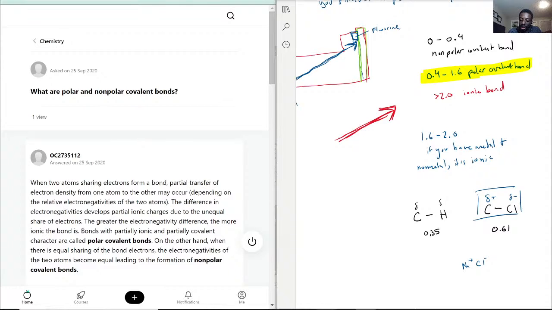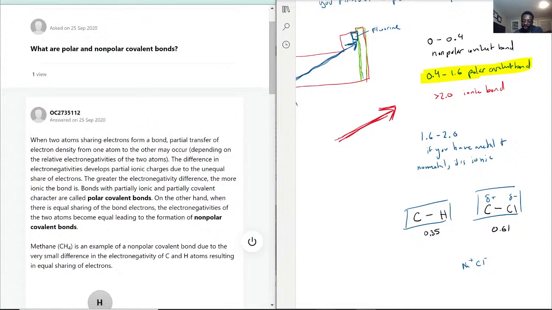And for this one right here, there's no real polarity between C and H. And as I mentioned here, the difference in electronegativity develops partial ionic charges due to the unequal sharing of electrons. Point being, the greater the electronegativity difference, the more polar it is, not the more ionic it is.